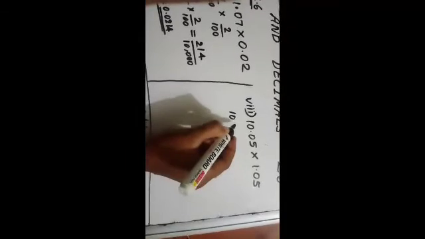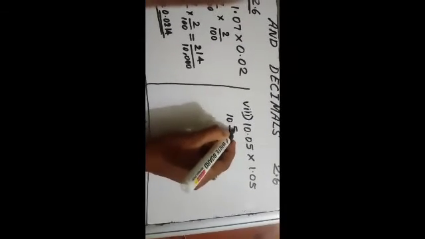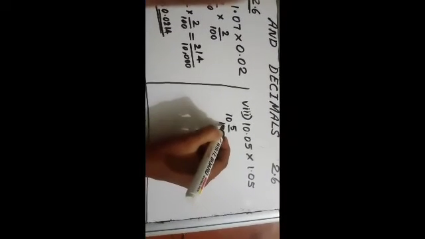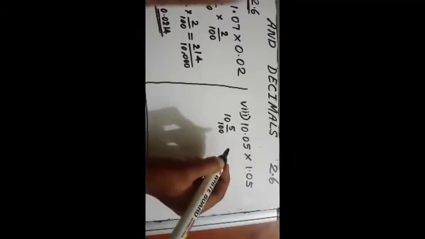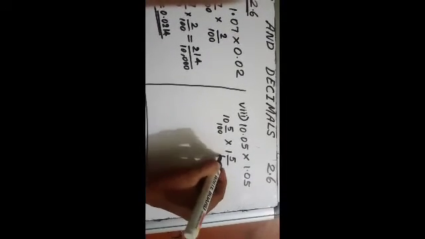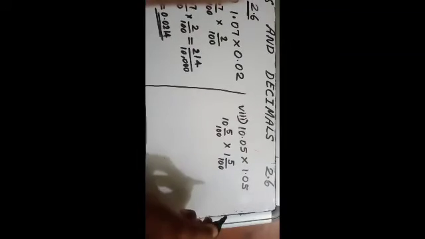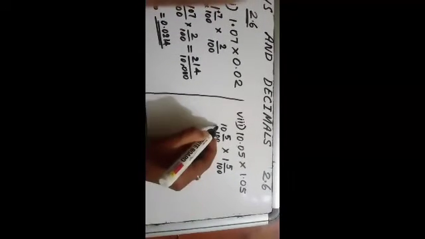10.05 into 1.05. It can be written in the form of a mixed fraction. 10 is a whole number, 5 is in the 100th place, so 5 upon 100. Here 1 is a whole number, again 5 is in the 100th place. So both we have got mixed fractions.